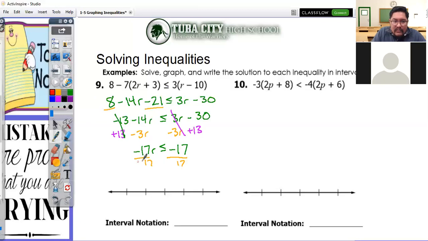So again, this is the rule. I divided both sides by a negative, so this means that I am going to have to flip the sign, flip the inequality. So this is r is less than or equal to, oh, hold on a minute. Got to flip the sign.